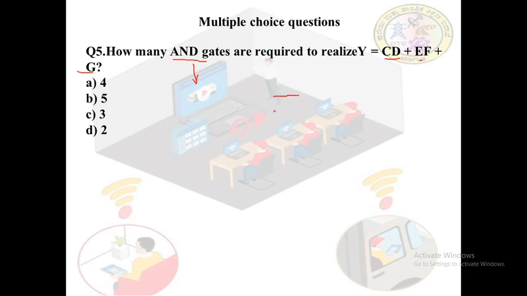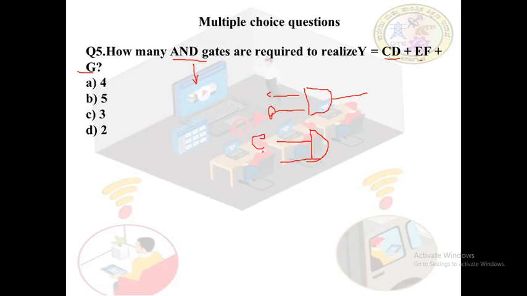Suppose let us say we have inputs C and D here, so this has to be ANDed using one AND gate, and for E into F, multiplying E and F, we must use once again an AND gate.